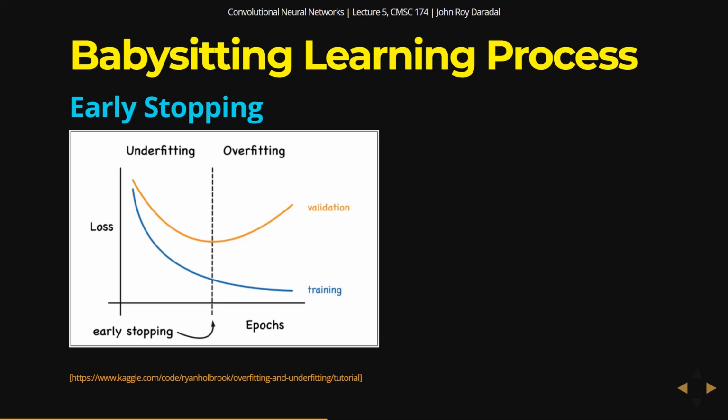Now, when we do the learning process, when we train the neural networks, we have to monitor the loss function. There's a separate loss function for the training set, and a separate loss function for the validation set, because the training loss is evaluated on the training set, and the validation loss is evaluated on the validation set.